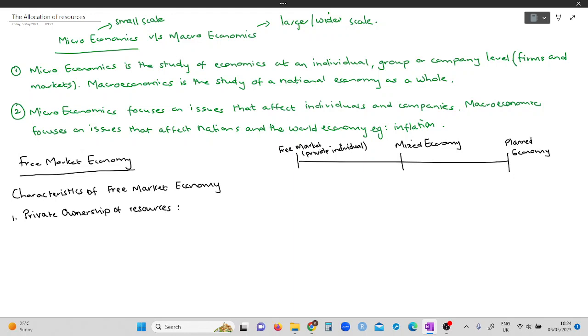C'est-à-dire in a free market economy, most resources will be privately owned by private individuals.